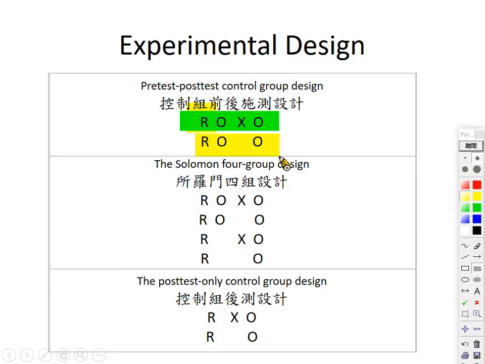There are two groups. So here, how many groups are there? There are 4 groups, right? And this one has only 2 groups, 1 and 2. Is that right? Okay.